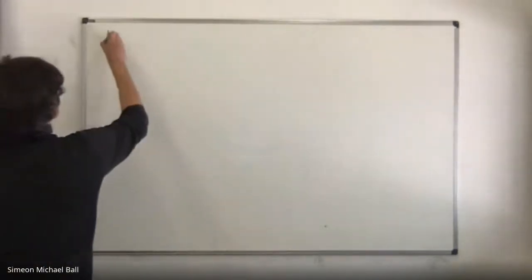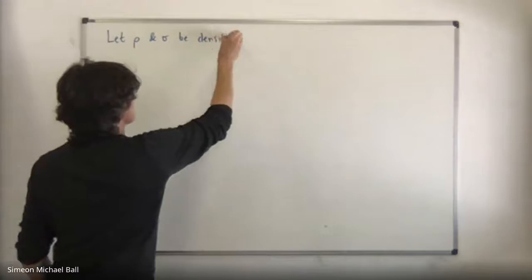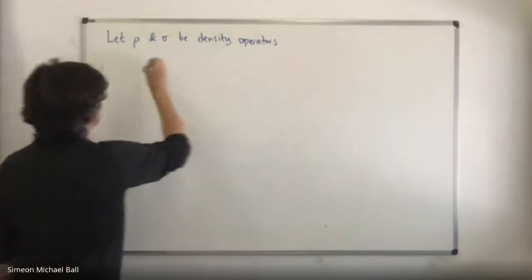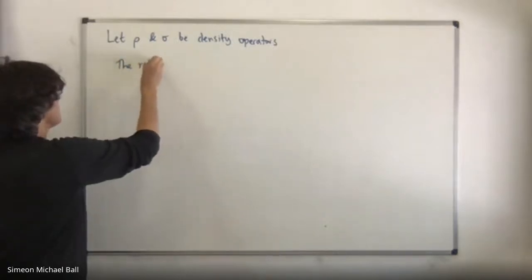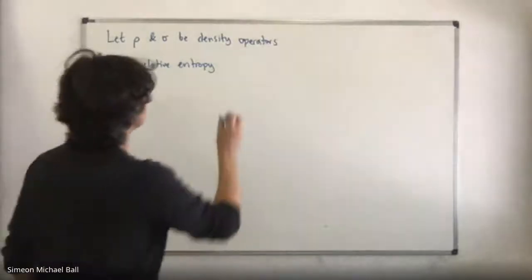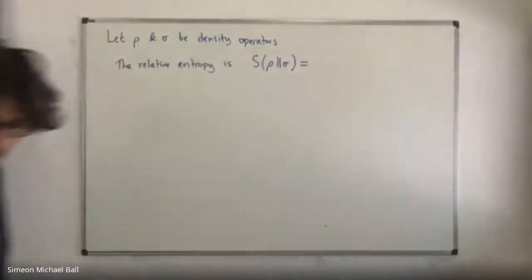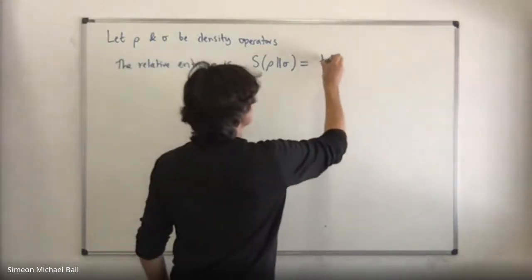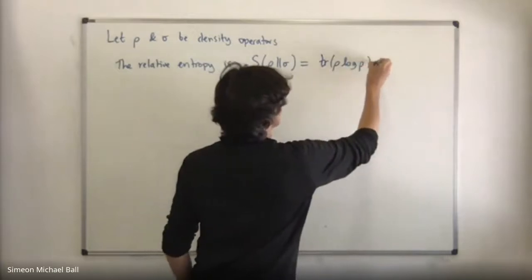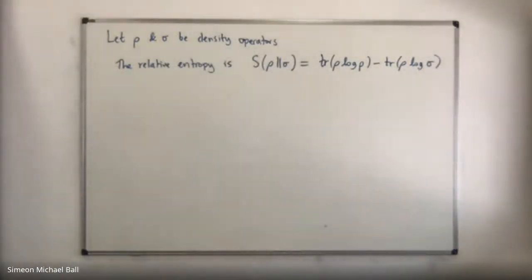Yeah, so I'm going to start off with 2 density operators. And the relative entropy is going to be, and in a way, it's what you think it's going to be. So it should be this. Right? So what we have to do is stick in all the things in the logs and see if it turns out to be the same thing.